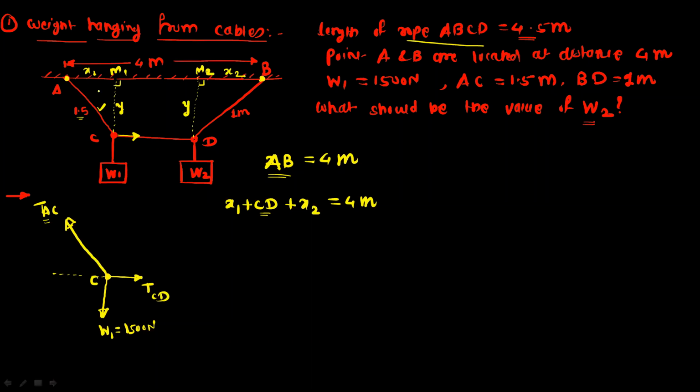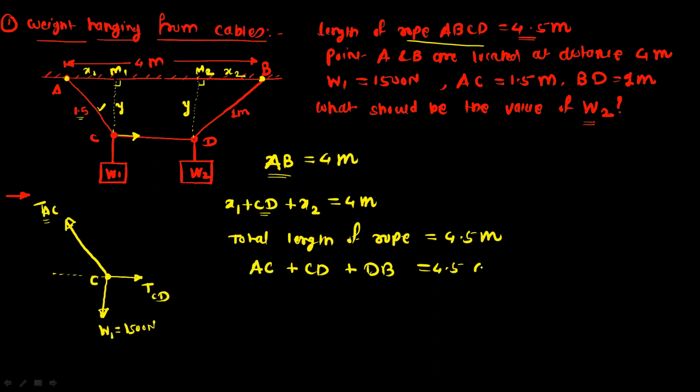Total length means AC plus CD plus DB, and this is equal to 4.5 meter.